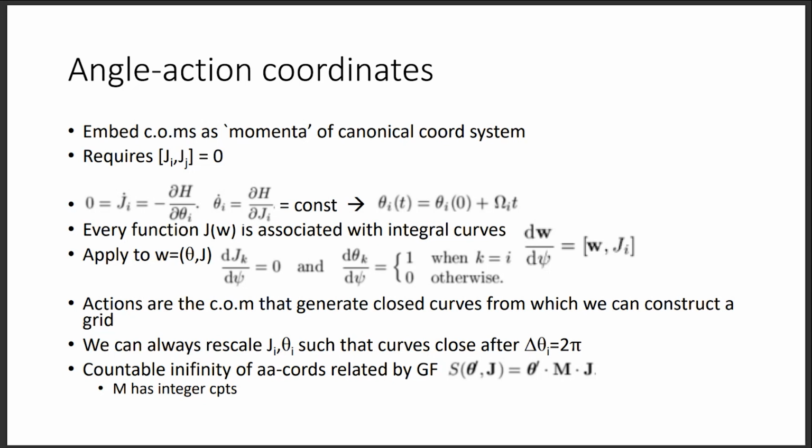And the answer is it causes theta to increase. It causes its own theta to increase at unit rate, and all the other coordinates stay constant. So the function j is drawing a curve, which is a curve of increasing its own conjugate angle, and the other angle staying put. That's what I'm trying to say.